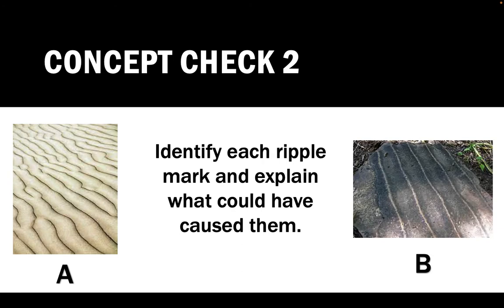Concept check number 2. Identify each ripple mark and explain what could have caused them. This will be a great time to pause the video and answer the questions. When you are done answering the questions, resume the video.